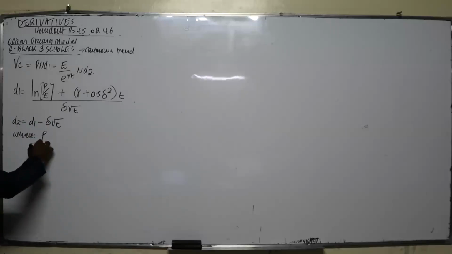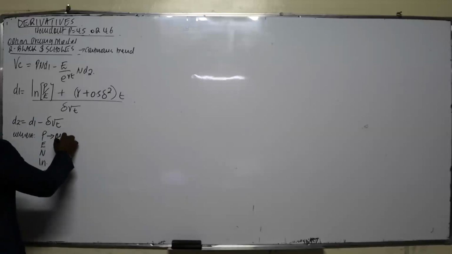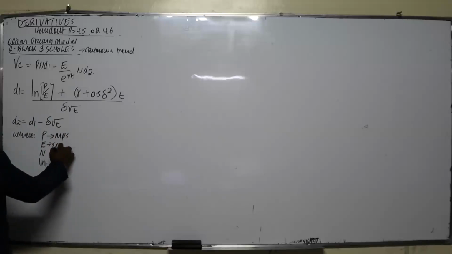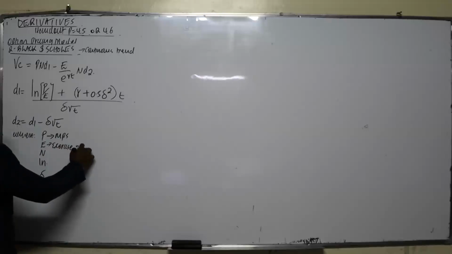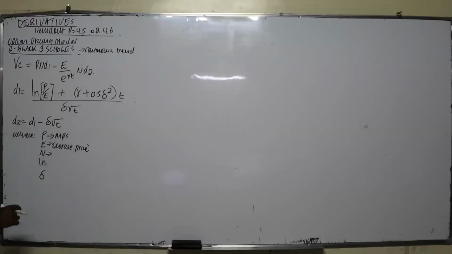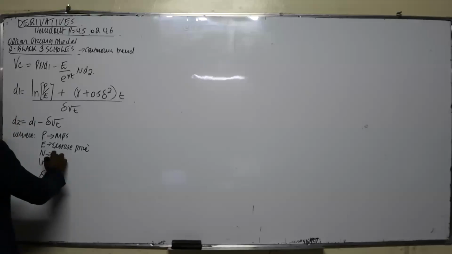What is P, what is E, what is N, what is ln? P is the market price per share. E is the exercise price. And one of the major assumptions is that it assumes the price will follow a normal distribution.